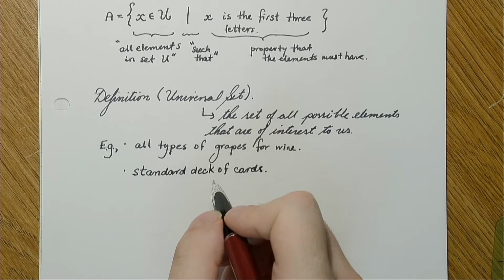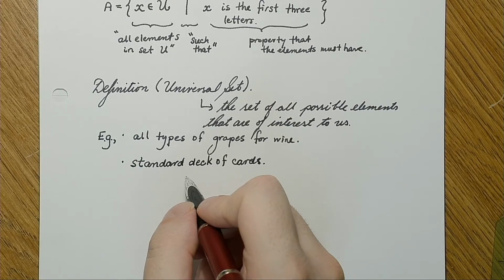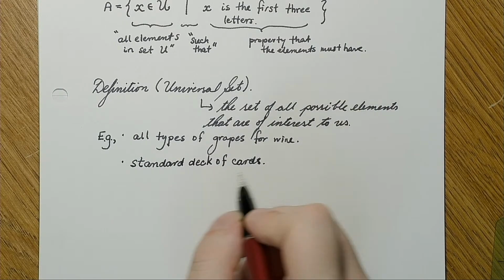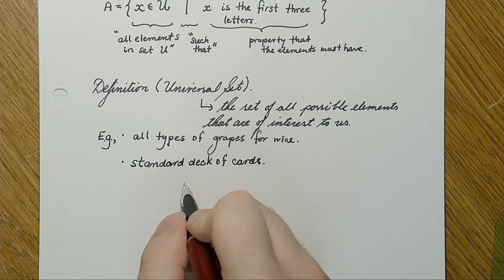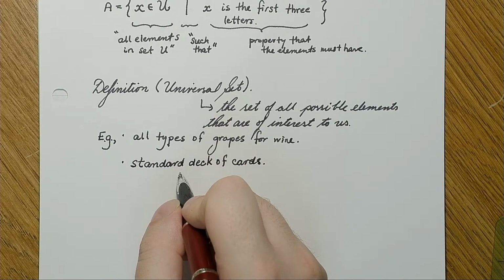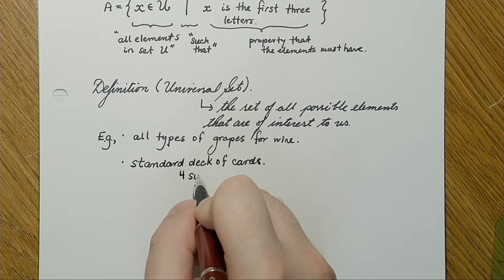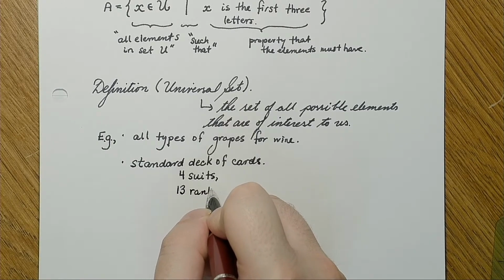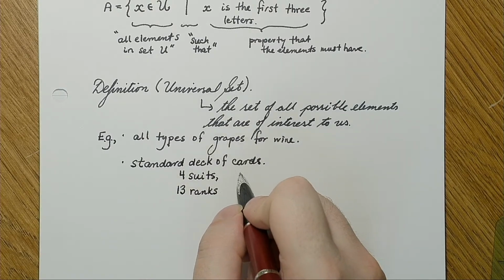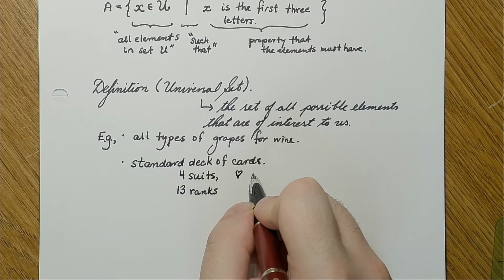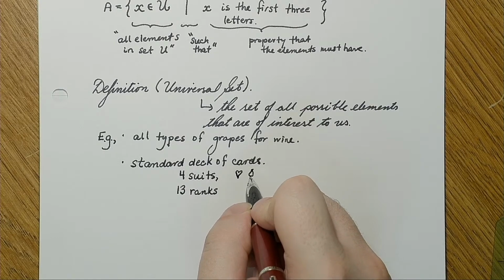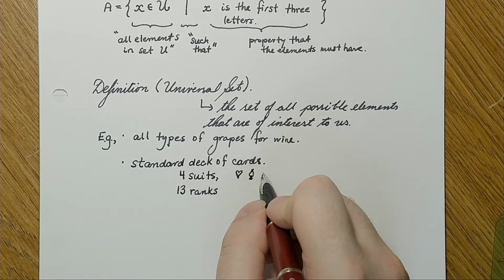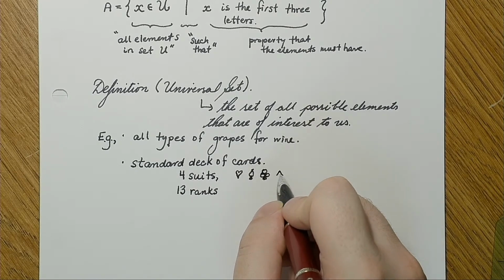And if you haven't seen a deck of cards, there's 52 cards in there. There are 4 suits and 13 ranks. It has the heart, the spade, the club, and the diamond.